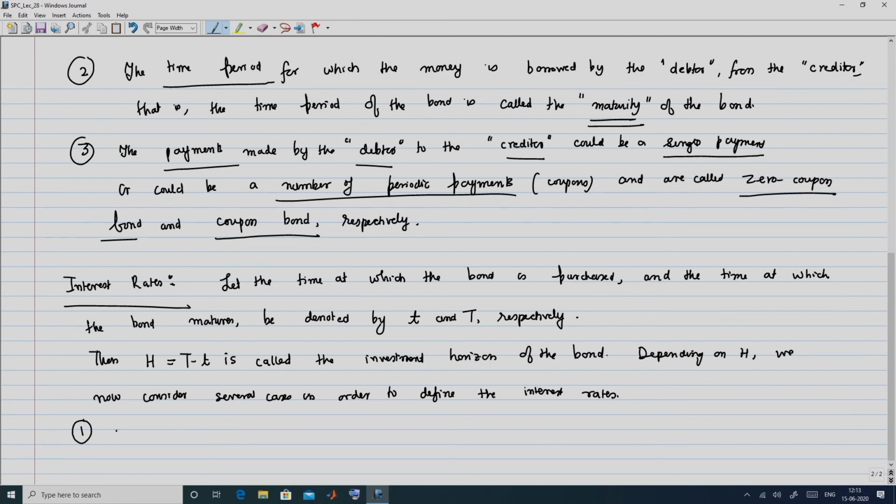So, the first one is when H is less than 1. We enumerate all of this. So, let the price of the bond at time little t and the par value at time capital T be considered.